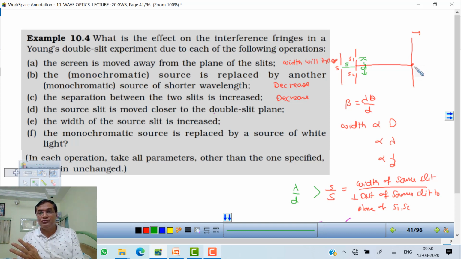So this is the condition to get distinct fringes. s upon S is less compared to this one.